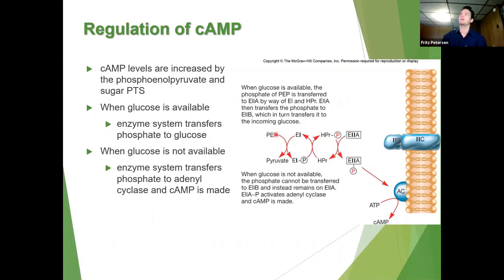So this PEP will donate its phosphate across this cycle, which will then end up being used by this enzyme IIA to produce your cAMP molecule. When glucose is available, this enzyme will instead donate the phosphate to the glucose to phosphorylate it, so cAMP will not be produced. But when glucose is not present, the phosphate is free to be transferred and the cAMP can be made.